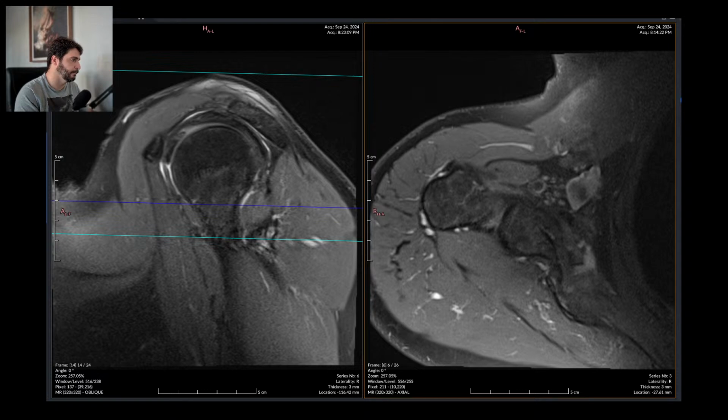Tendons. And complete tear of the long head of the biceps. And muscular hypertrophy.